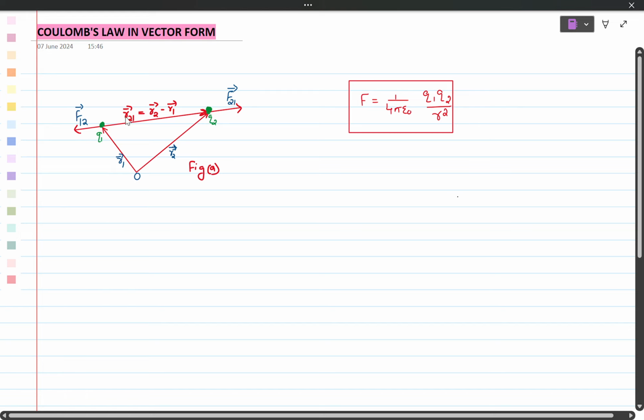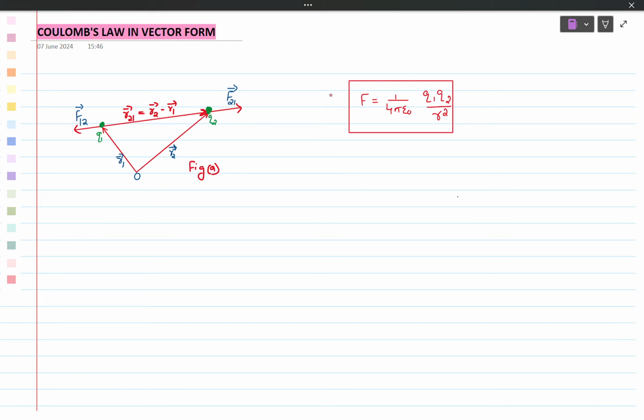So vector r21 represents the separation between the two charges, and that is equal to the difference between the two position vectors, vector r2 minus vector r1. So let me write that once again. Vector r21 equals vector r2 minus vector r1.